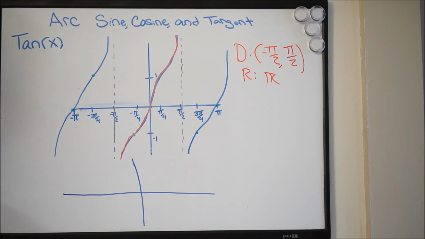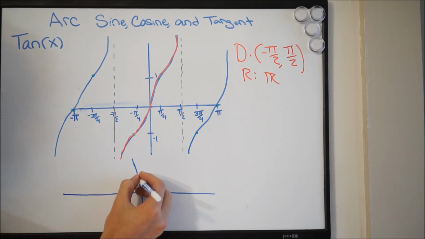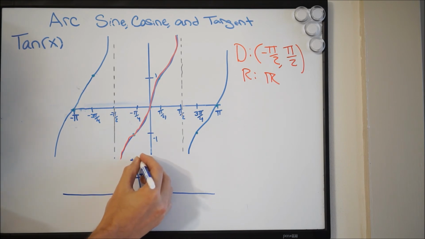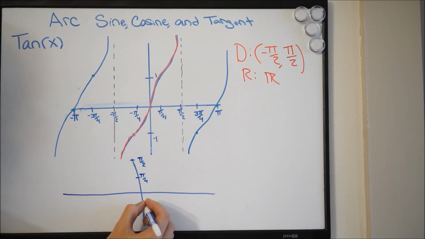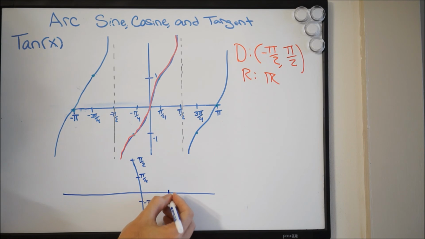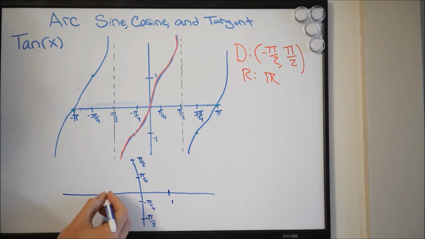So let's just go ahead and do this. I'll have pi over 4, pi over 2, negative pi over 4, negative pi over 2. And then we'll have our values here. So we'll have just 1, and we'll have negative 1.